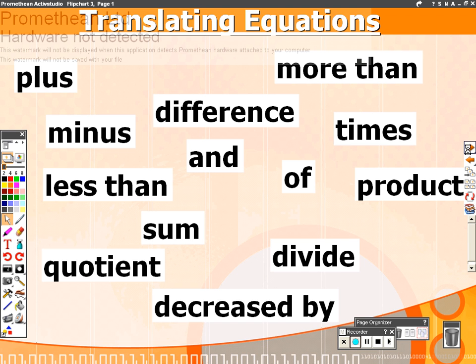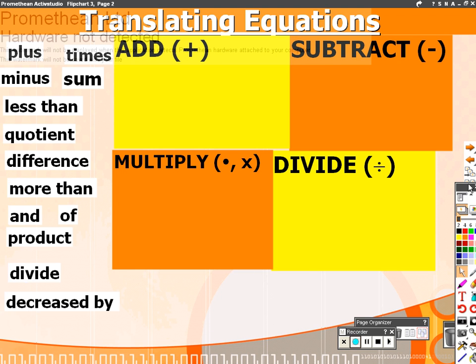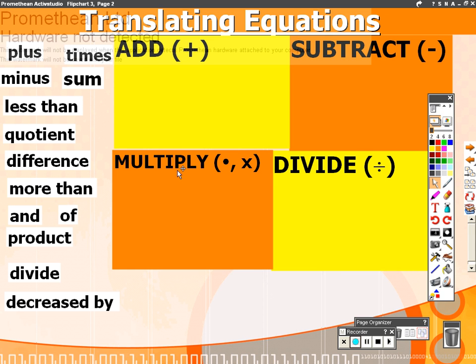But first, let's figure out where these words belong. I have four operations: addition, subtraction, multiplication, and division. And I have some key words, and we need to figure out where these key words fit. So the word plus, what type of equation am I going to write when I see the word plus? I'm going to write an addition equation.